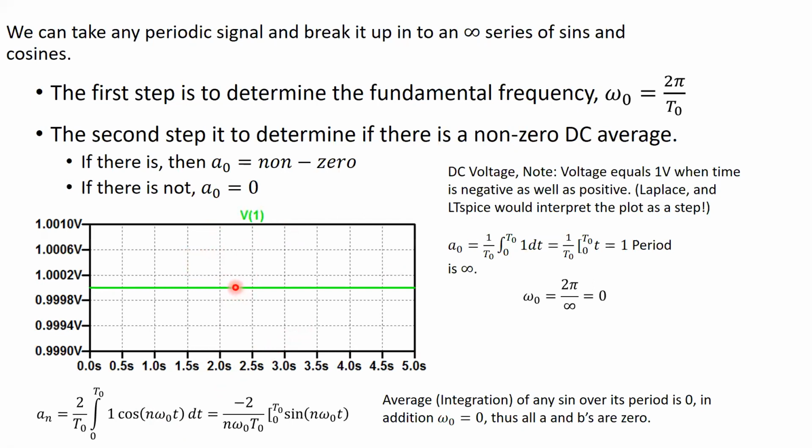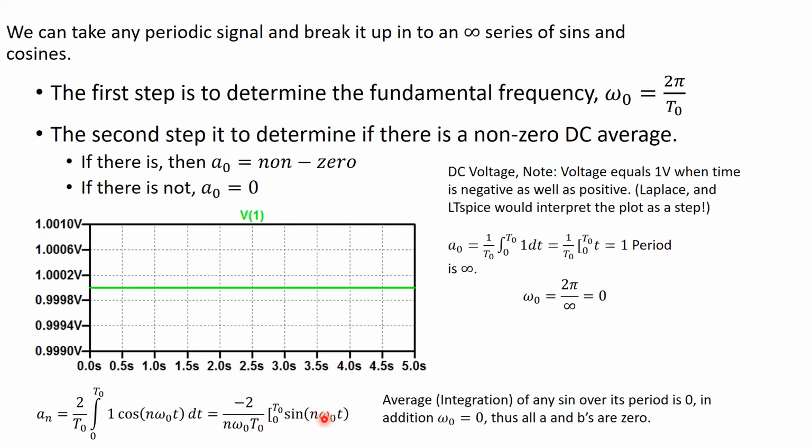But I thought, why not find the other coefficients? So you just say, AN equals 2 divided by T naught, integral from 0 to T naught of 1, that's our function, times cosine n omega t. Integrate it. And then what you'll find is that the average of this, because there's no DC offset here, the average of a sine or a cosine over whole periods is 0, going from 0 to the period.